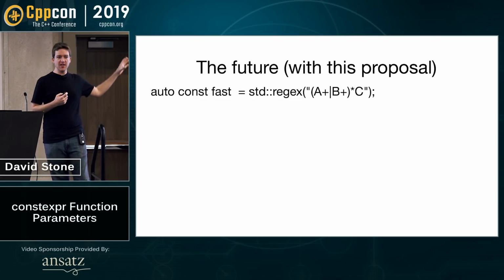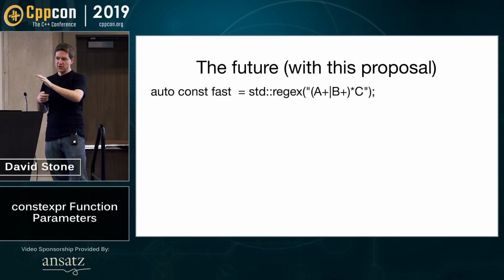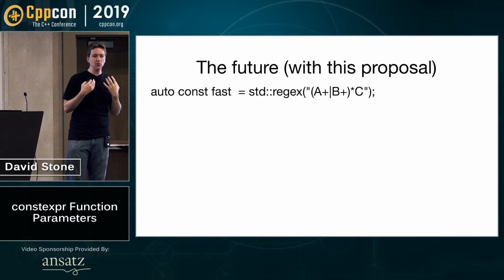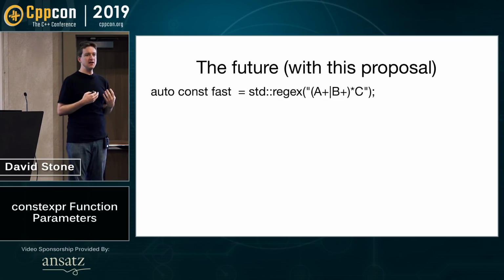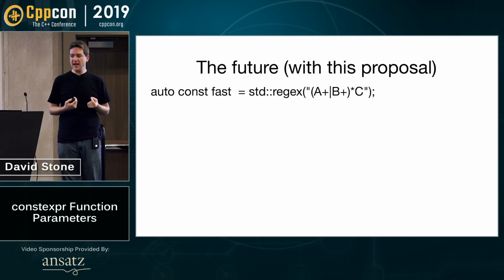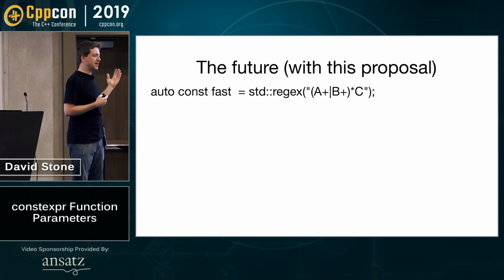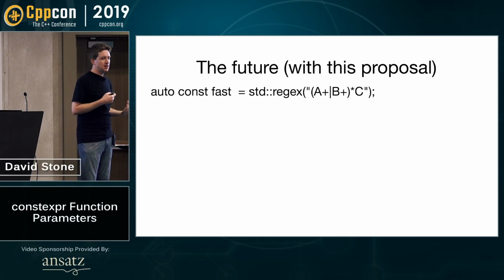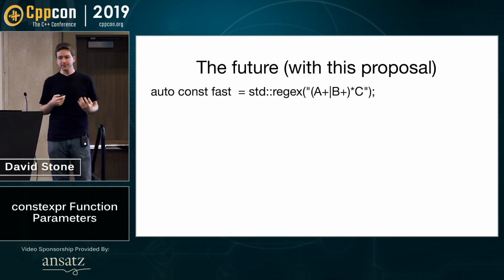You can compile this code down to assembly instructions that you could just print out on your screen, or like a couple of pages. It can be really straightforward code that is exactly the code that you would handwrite to match the string. But you have to know the string at compile time to build up these structures. And if we had constexpr parameters, we could do that a lot easier.